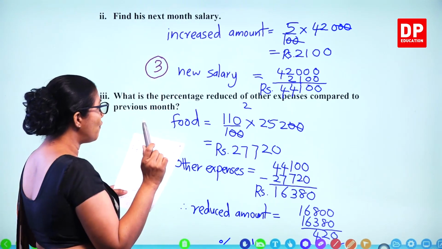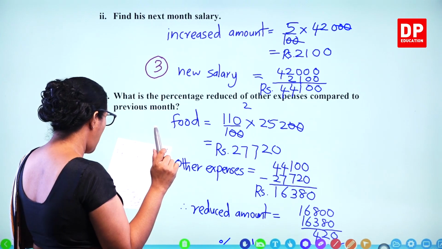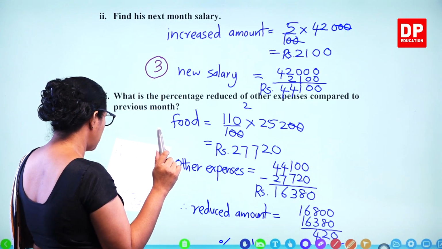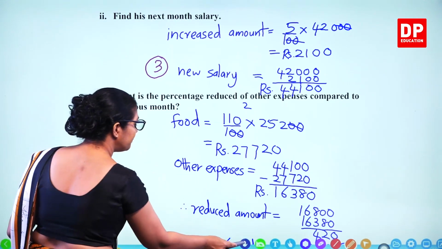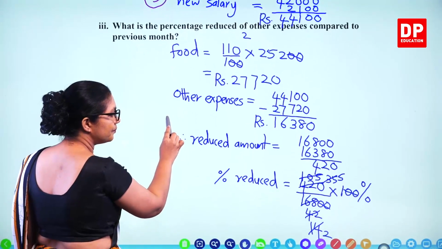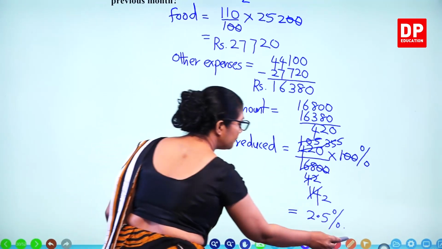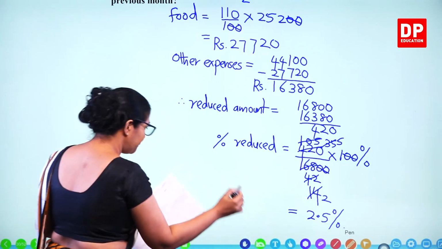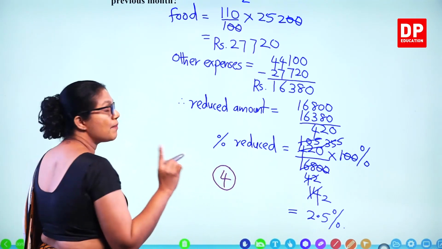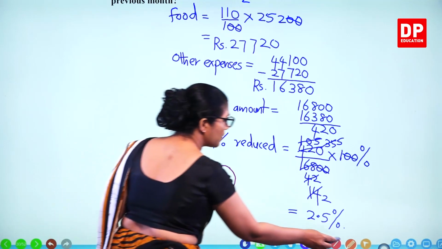So we gave 4 before, 3, 7, and then 4 marks for this one, 2.5. So then you get 11 marks for each question.